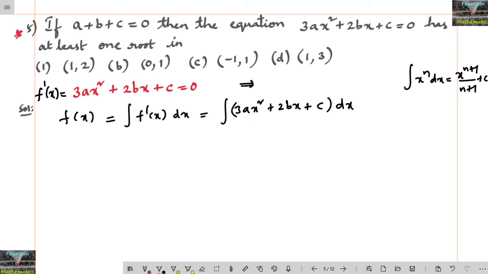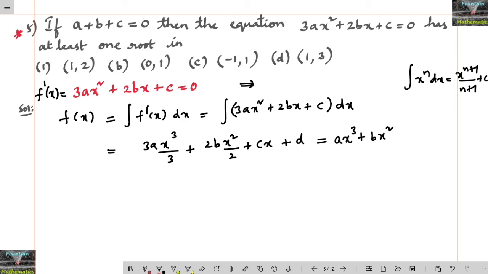By using this formula we can write 3a x cube by 3, plus 2b x square by 2, plus cx plus some constant d. So this can also be written as ax cube plus bx square plus cx plus d.